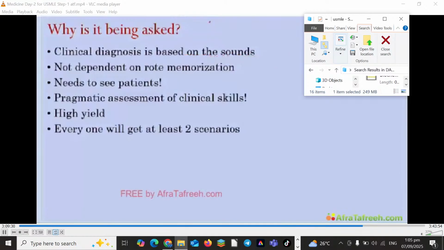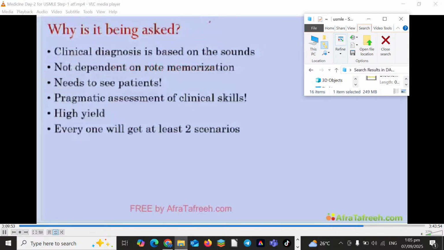Memory is different. It is a skill of memorizing. That's a different story. But a medical skill is hearing. Only a doctor can hear. Even clerical position people can also memorize that S3 would be seen in acute, S4 would be seen in acute, S3 will be seen in chronic, and all those things. So it is a pragmatic assessment of your skills.